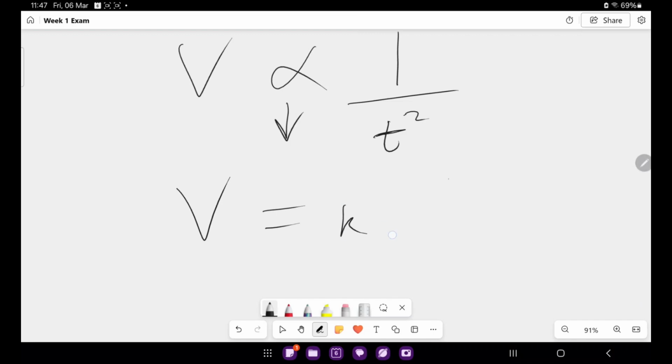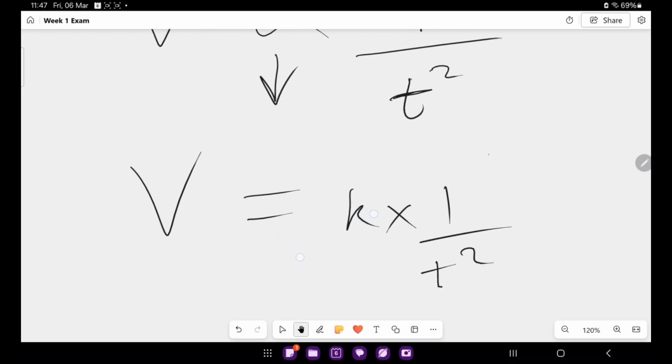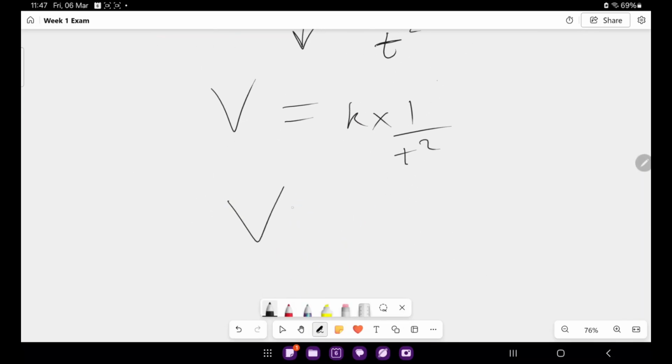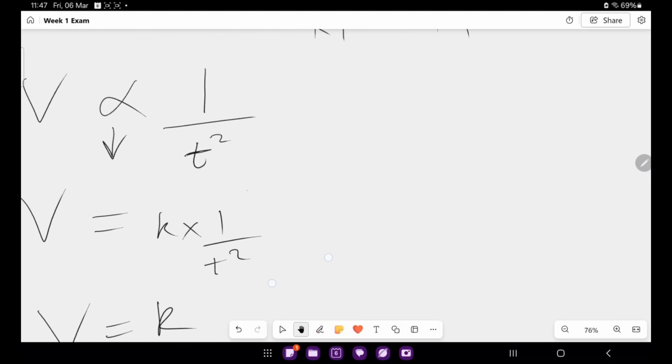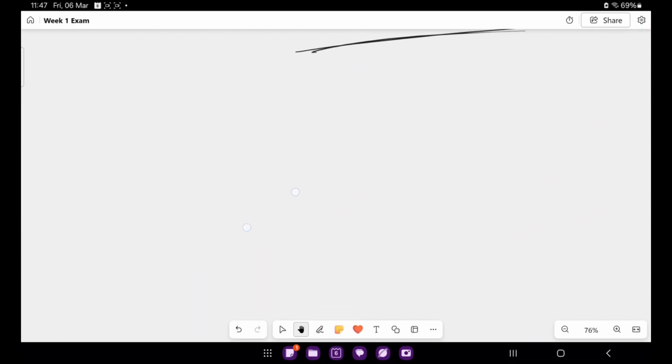So k times 1 over t squared, which if we simplify, will give us k over t squared. So if you get this, this is the correct answer. So that's A. Let's see what B has in store.